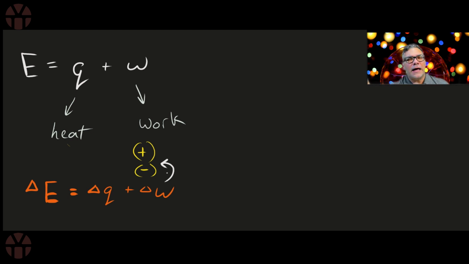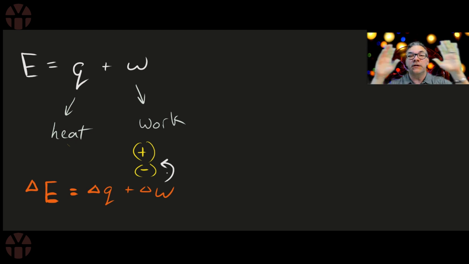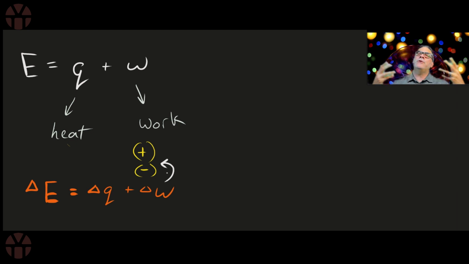Well, why is that? Assuming for a moment, let's pretend that you neither released or absorbed heat. Not true, but let's pretend. Why would your internal energy have gone up? Well, because I and the elevator just did all of this work onto you. I gave you some of my work.